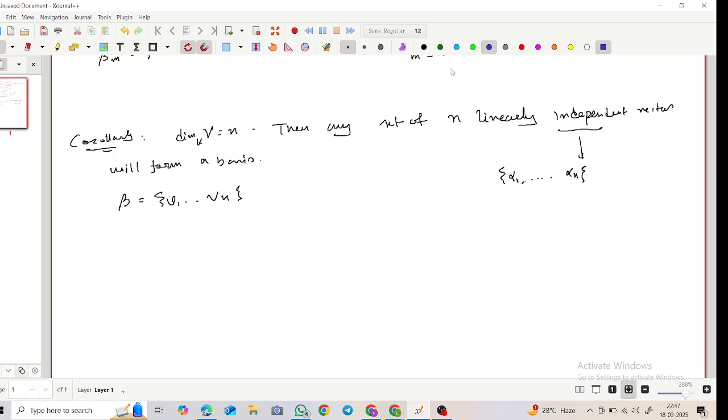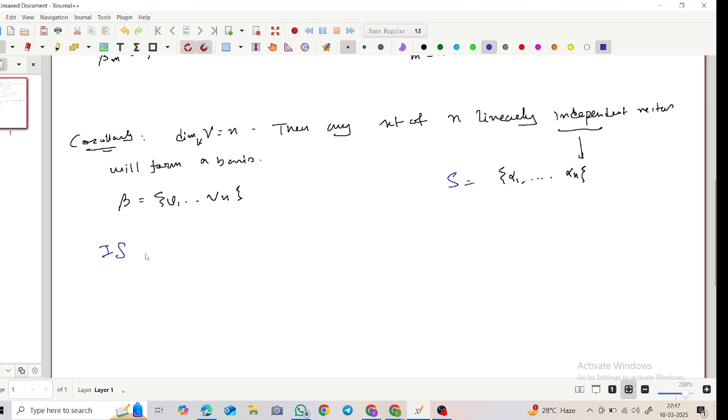So he is saying that any linearly independent vectors will form a basis. Okay. So these are linearly independent. Call it S.